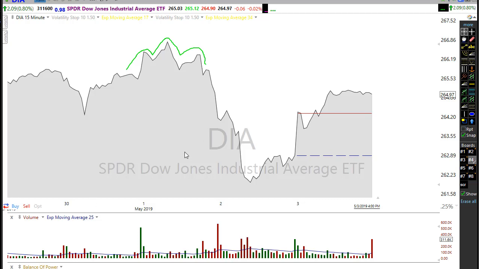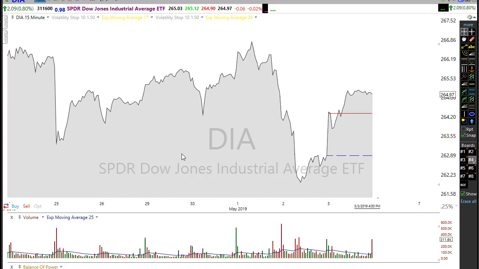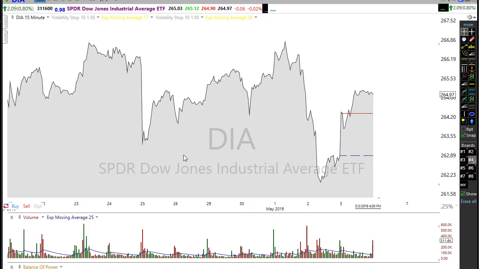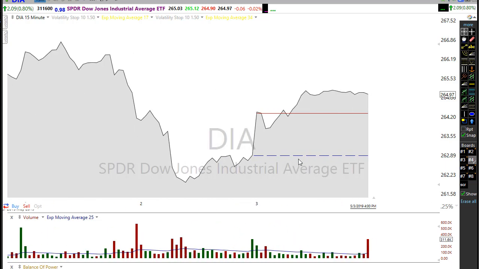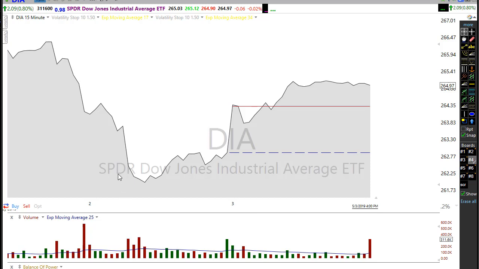There's a couple patterns that I'll give you here off of an area chart. See right in here where we get these lows, rally and low, and then we start up. Notice how this one's just a little bit higher than the one before, right here. Okay. That's a pattern that I call Batman ears.